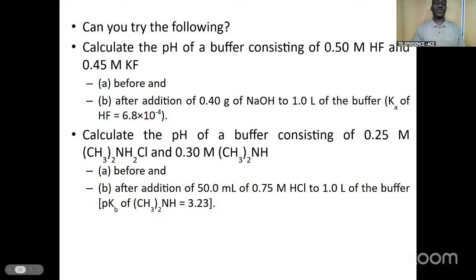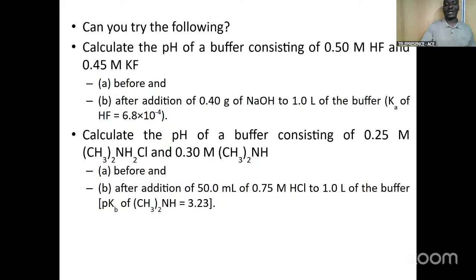Calculate the pH of a buffer consisting of 0.5 molar hydrogen fluoride and 0.45 molar potassium fluoride before and after addition of 0.40 grams of sodium hydroxide to 1.0 liter of the buffer, Ka being given above. That's an acid buffer. I don't want us to bother our heads with that because it follows the same pattern as the one we did previously.